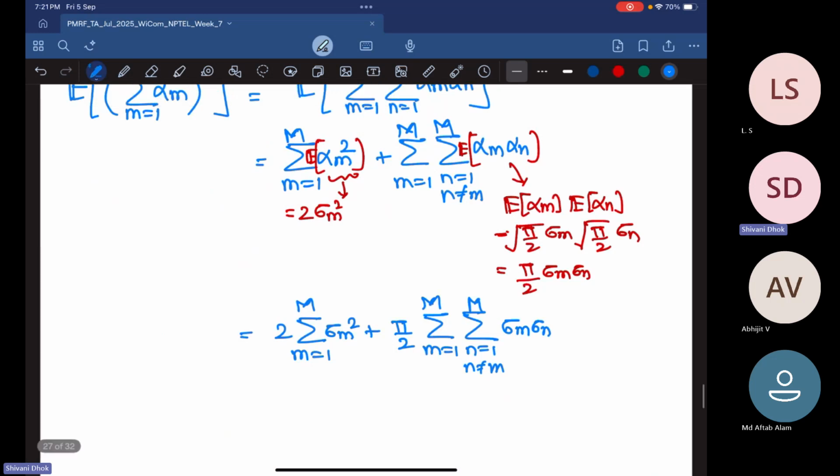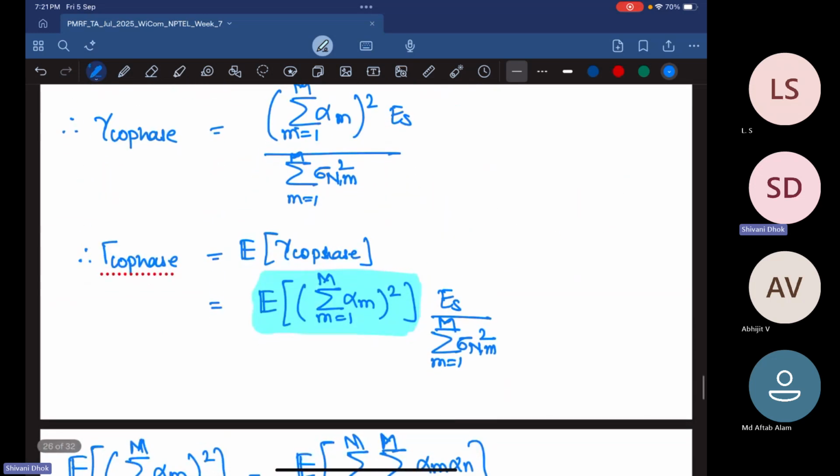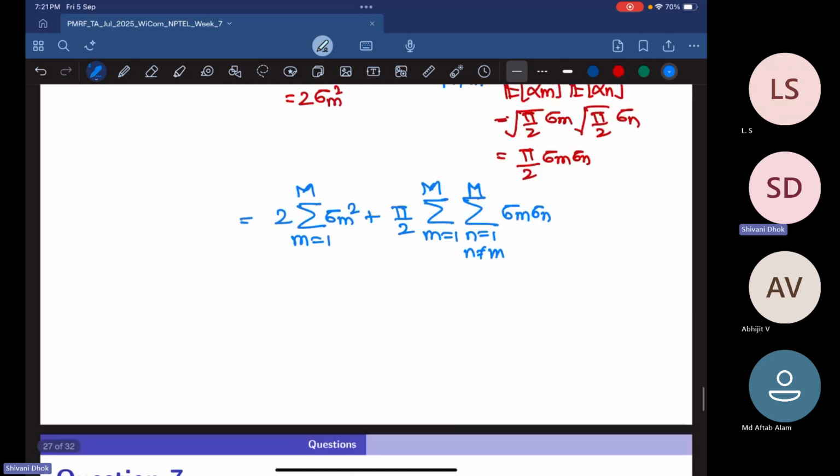Now we have this expression here. Let us substitute it back into our average SNR.